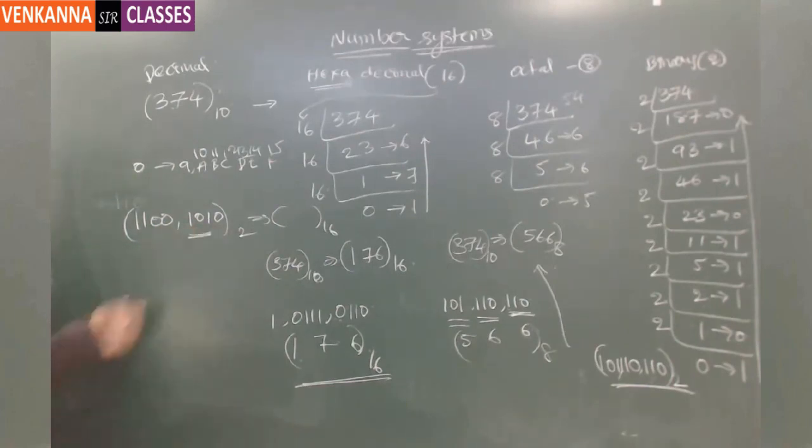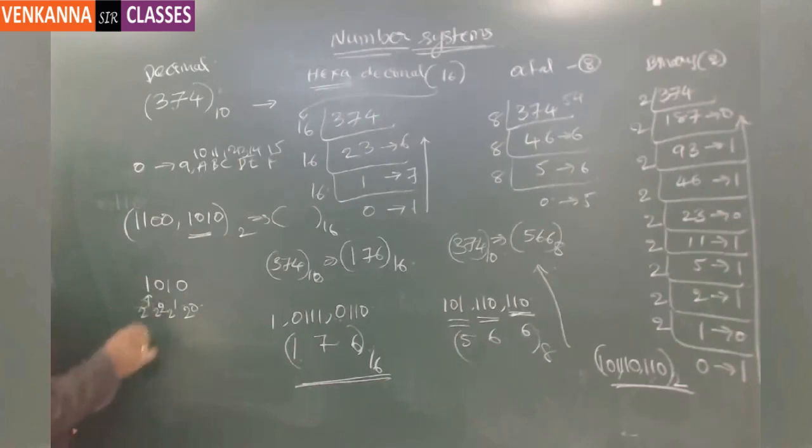As you are comfortable with the decimal number system, first you convert this into decimal. The way we convert is, for 1010, this is 2 power 0, this is 2 power 1, this is 2 power 2 and this is 2 power 3.